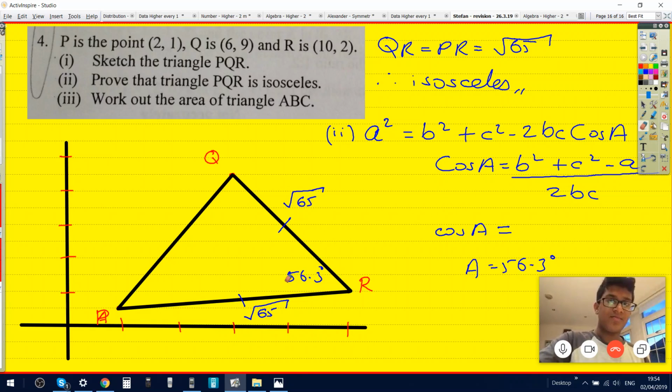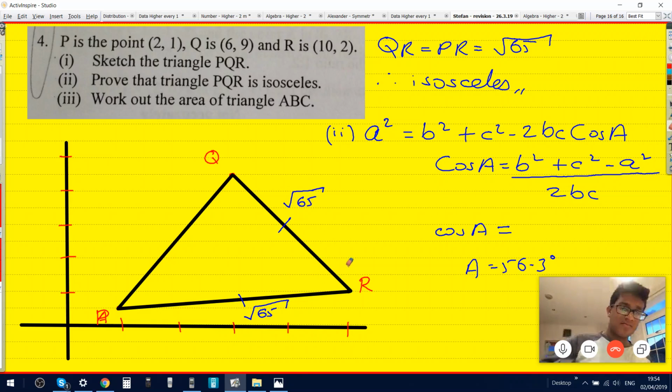Yeah. So because it's isosceles, they're both going to be the same. So it's one of the angles opposite these sides. That will be 56.3. So it would be either this one or this one, and because it's isosceles, it's both of them.